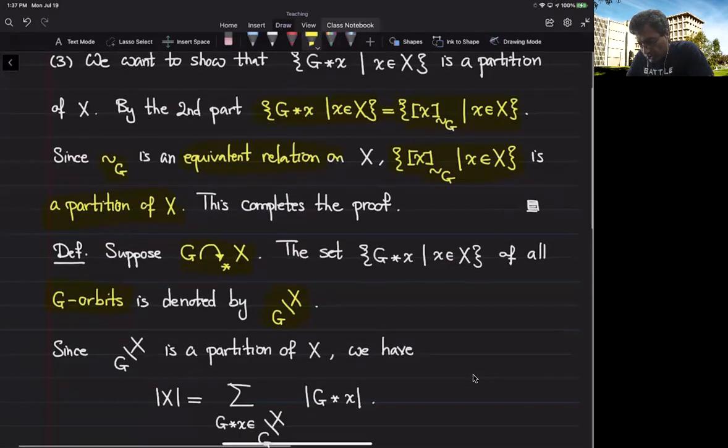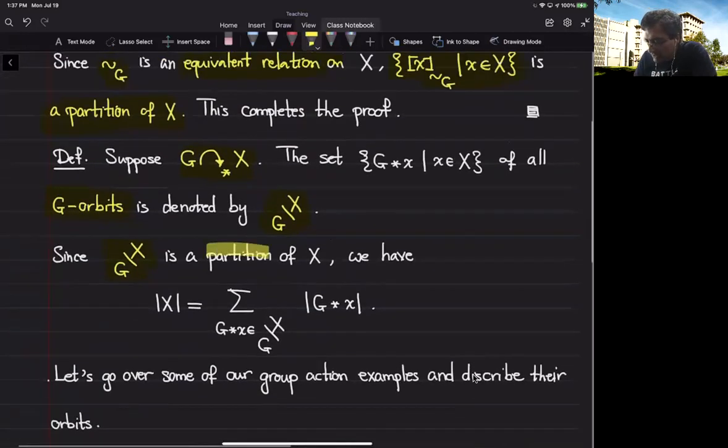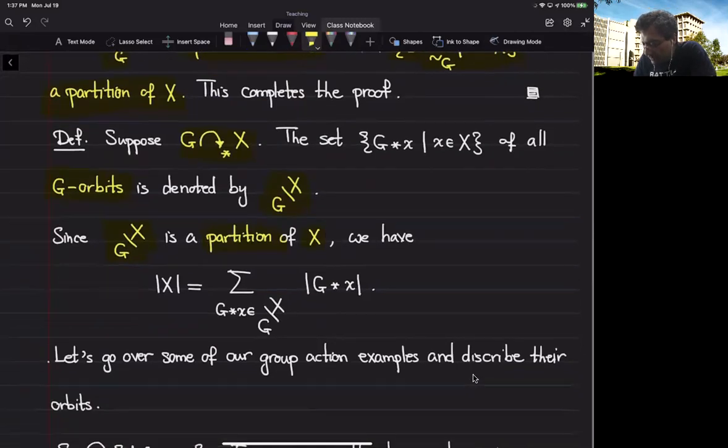And we just proved that this set, which consists of all the G-orbits, is a partition. Therefore, when I pick elements of this partition and add the cardinality of their elements, I end up getting the cardinality of the entire set X, because this is a partition.